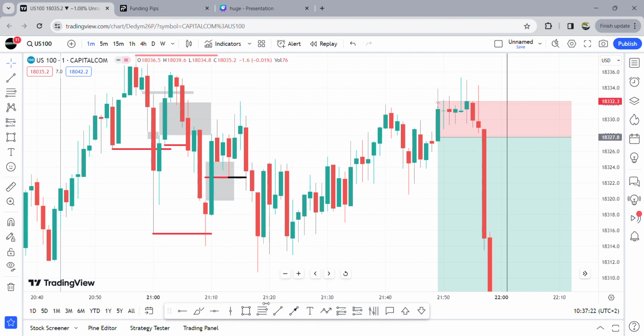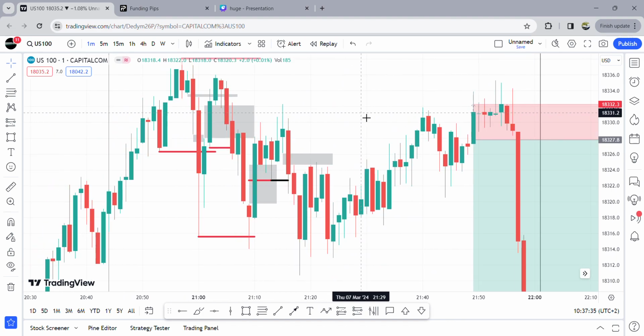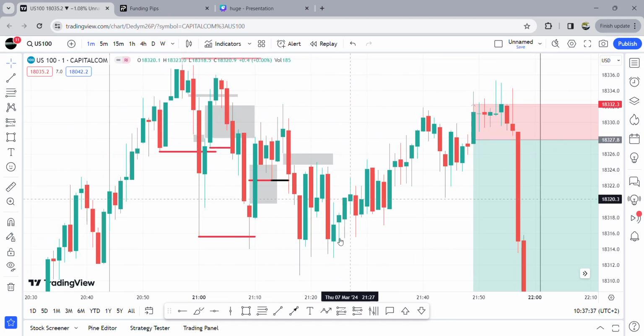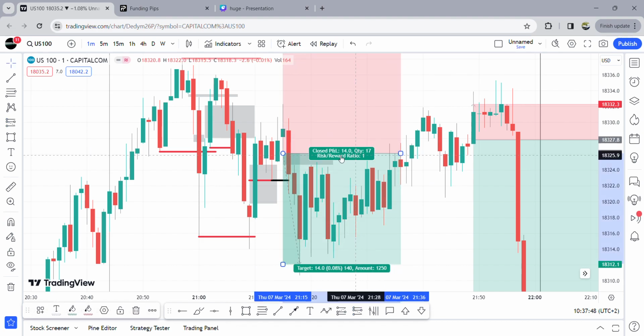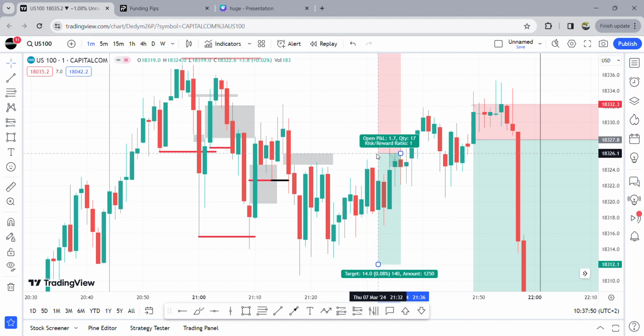And now I'm looking for that swing low to be taken out by a fair value gap. Doesn't matter what part of the fair value gap, I'm just looking for that swing low to be taken out by a fair value gap. And this is my entry. I'd wait for the market to come back and enter a short at the low of this candle. So right there. And my target's already been set.